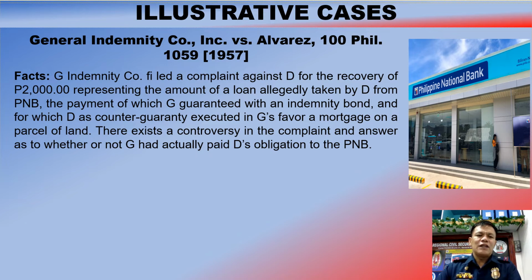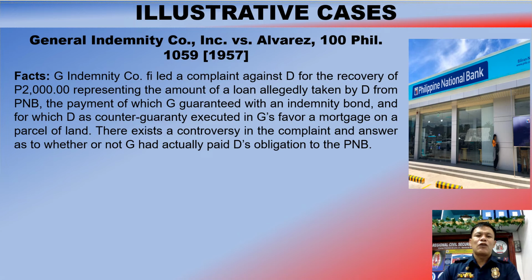G Indemnity Company filed a complaint against D for the recovery of 2,000 pesos representing the amount of a loan allegedly taken by D from PNB, the payment of which G guaranteed with an indemnity bond, and for which D, as counter-guarantee, executed in G's favor a mortgage on a parcel of land.